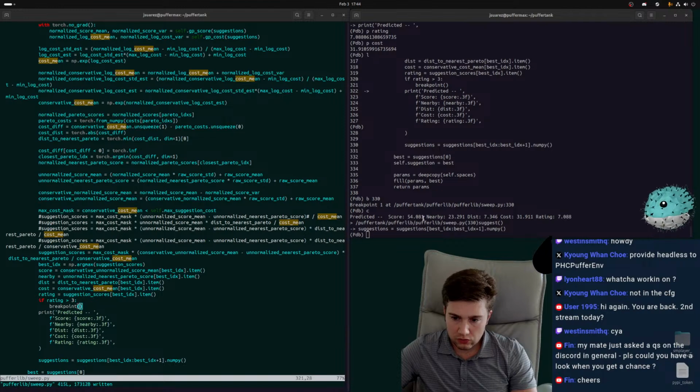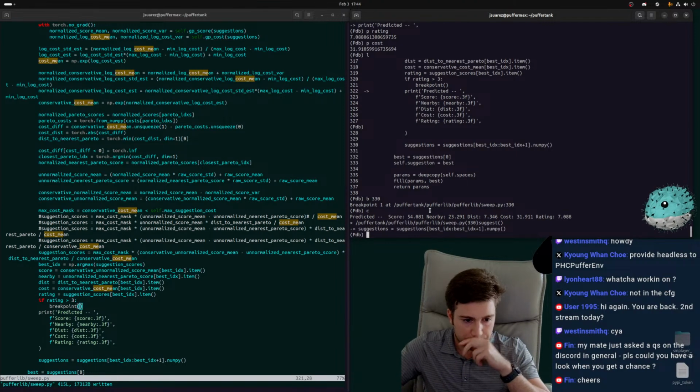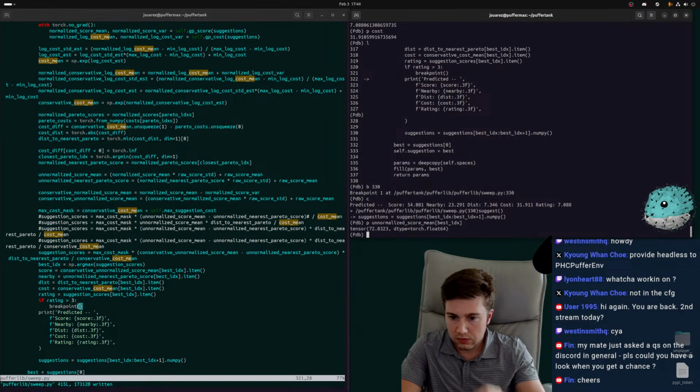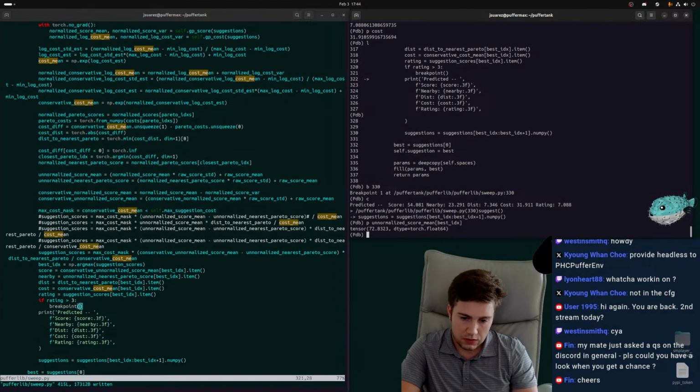And it says it's going to get a score of 54. So I know based on this problem, this is impossible. The optimal score is equal to cost. Yeah, so this is the pessimistic one as well. Because you can see here, the unnormalized one says 72.